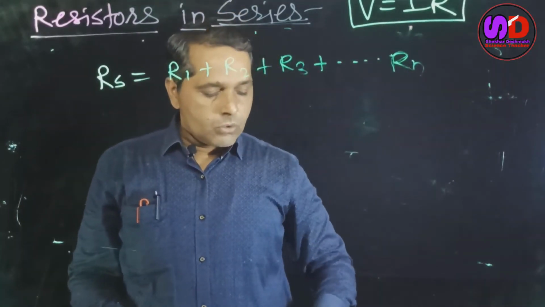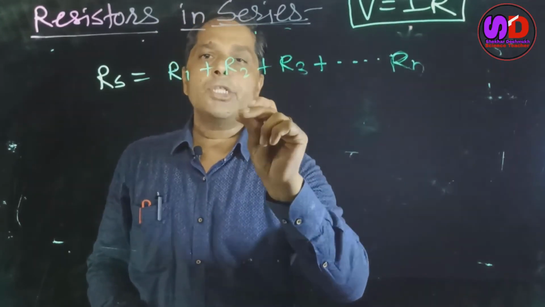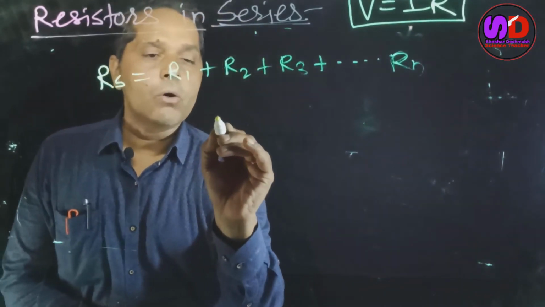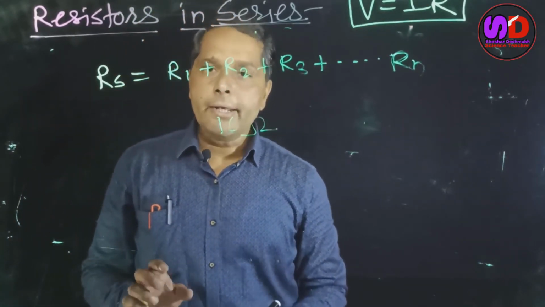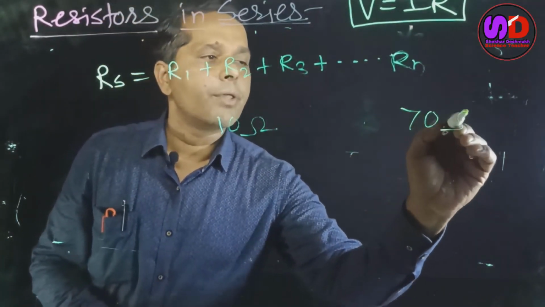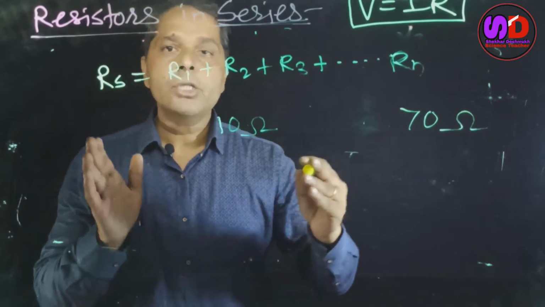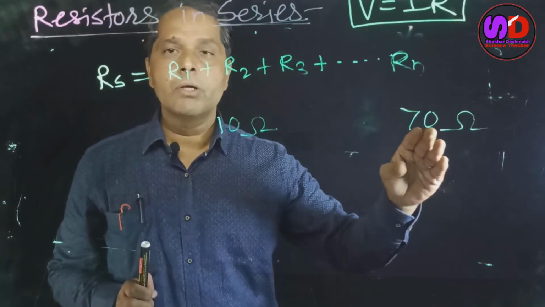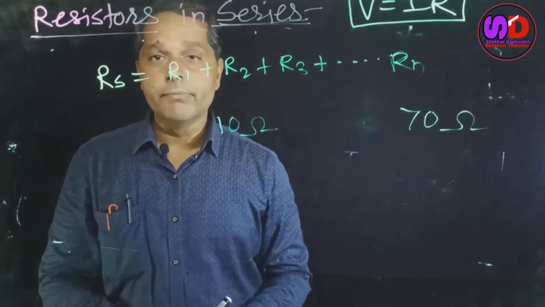Students, suppose I have 10 such resistances, each of the same value of 10 ohm. And in a circuit, if I require a resistance of 70 ohm, then what should I do? I have to arrange 7 such resistances in series so that I can get the equivalent resistance of 70 ohm.